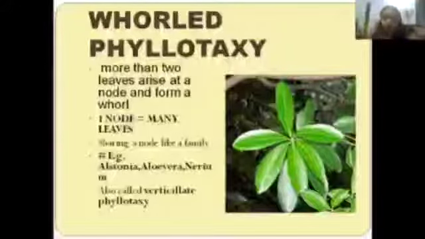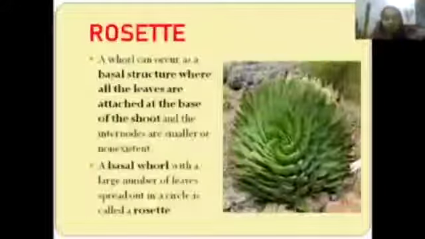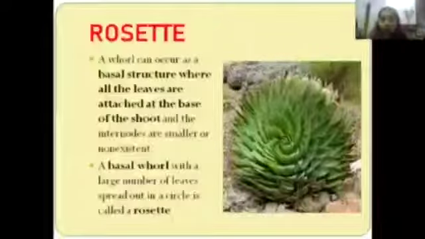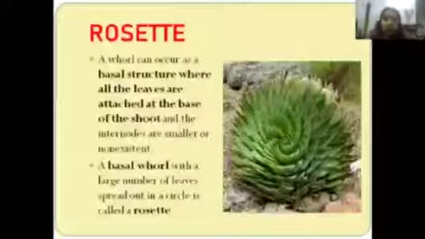Apart from this, there's one thing that comes under whorled phyllotaxy, which is a rosette. We've seen that whorls arise at nodes, but there might be structures where there's no stem or nodes. The whorl arises at the base only. It is a basal structure where all the leaves are attached at the base of the shoot, and there might be internodes or they might not be, but the internodes are really small.